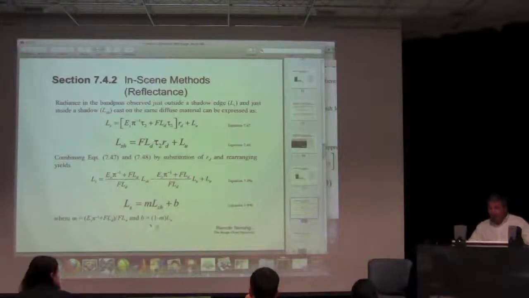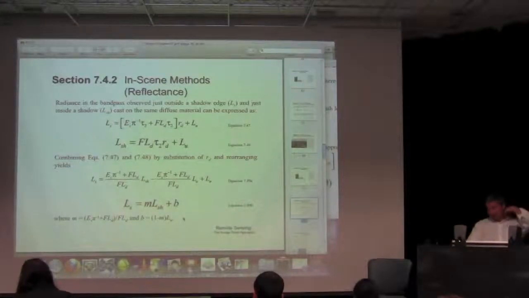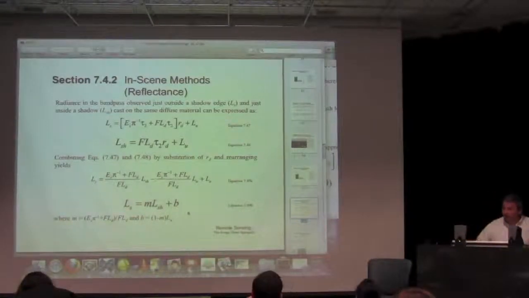So once you come up with that slope and intercept, check this out. You can immediately back out LU. If you know your intercept value and you know your slope, solve this for LU, which is just B over 1 minus M. You have your path radiance value. So just from making some in-scene measurements, you can come up with that term.